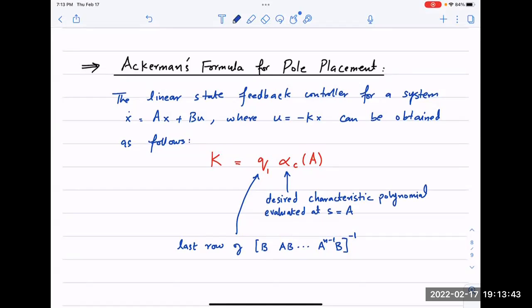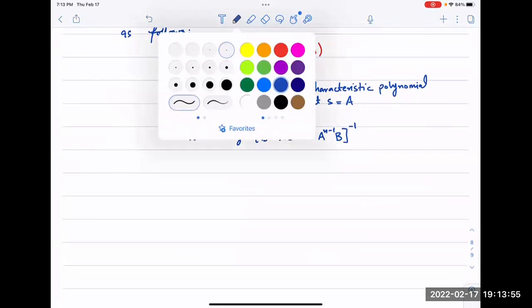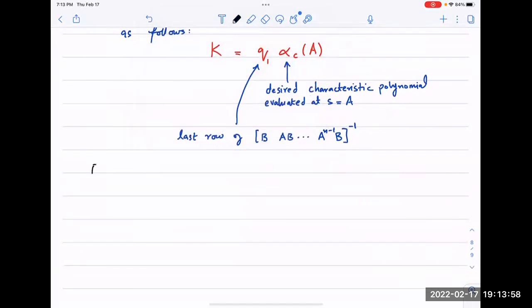Okay, so we can actually do an example to see how this actually works. So let's do a second example. Let's say x dot is [1, 1; minus 1, minus 2] x plus [2; 1] u.